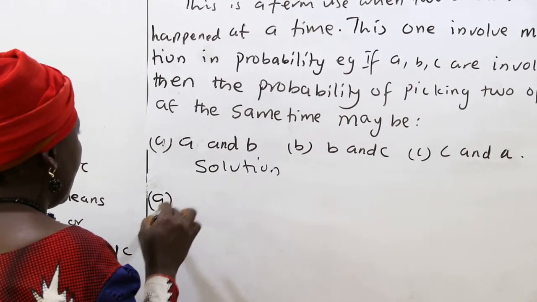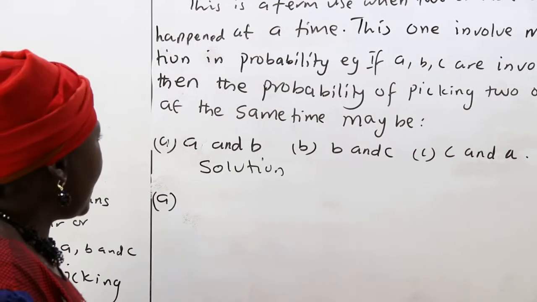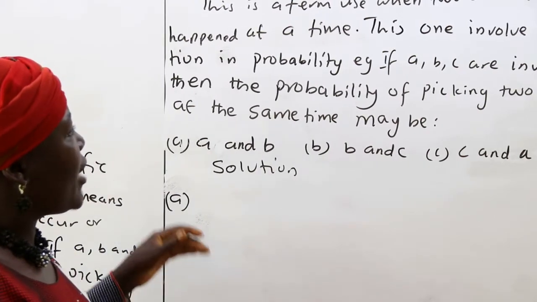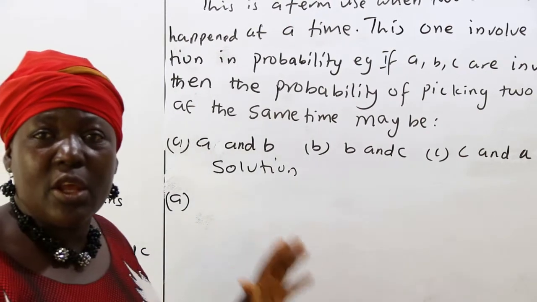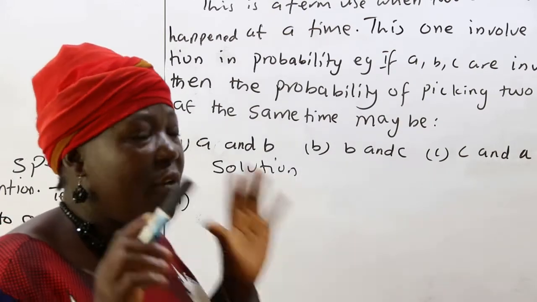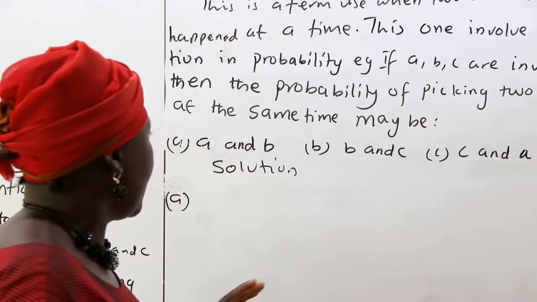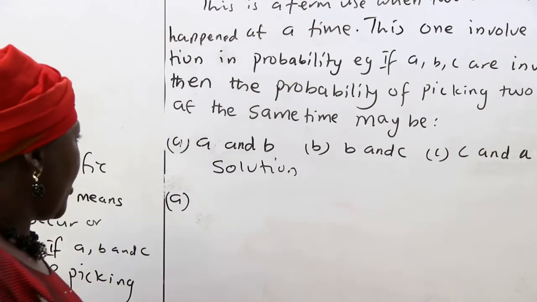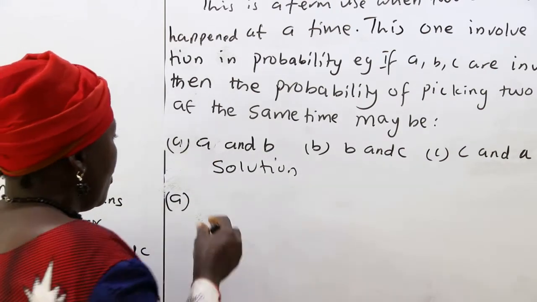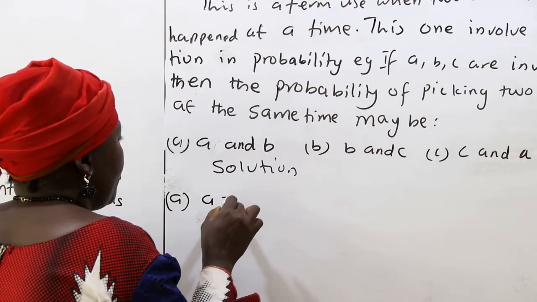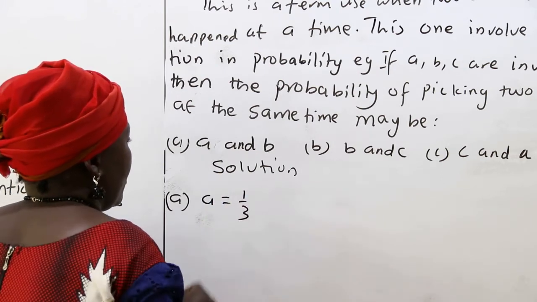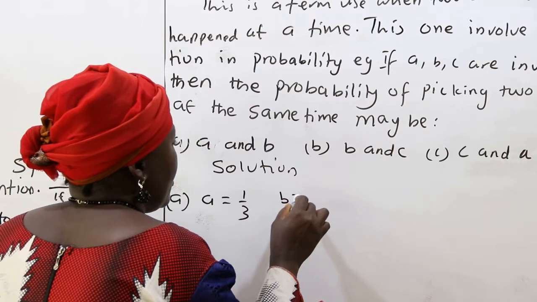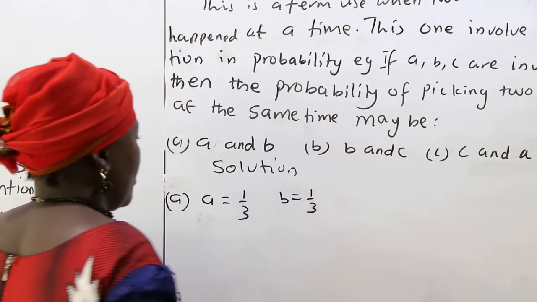A, that we should find if we are involved with A, B, C. We know that the events, we have three of them, A, B, and C. There are three of them. Now the probability of getting an A and B, we know that our A will be 1/3. B will be 1/3.